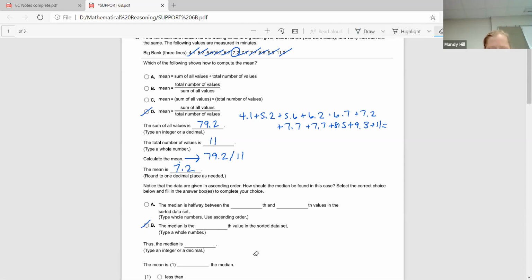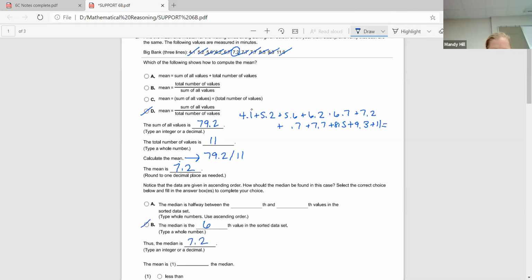The median is the blank value of the sorted data set. Well, if you go up here and count, 1, 2, 3, 4, 5, 6. So it is the 6th value in the data set, and we found out that that 6th value was 7.2.